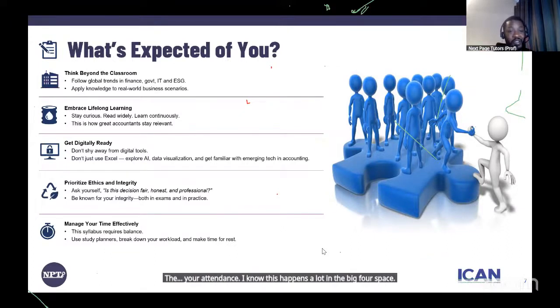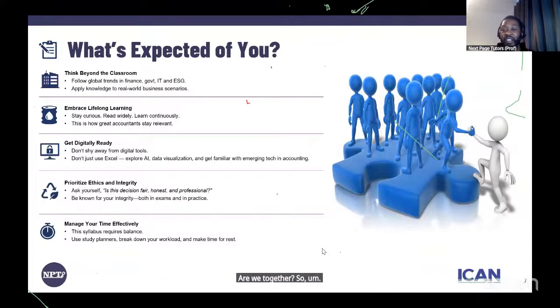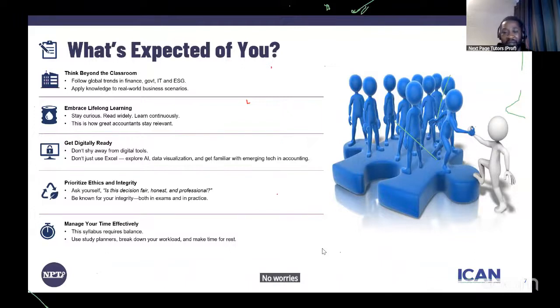You need to ensure you attend the live lectures, because our attendance can only capture the live lectures, not those who are using the videos. Are we together? For the other Big Four, if it is just reimbursement, no worries. The team is always ready to provide things like receipts or anything that you need.